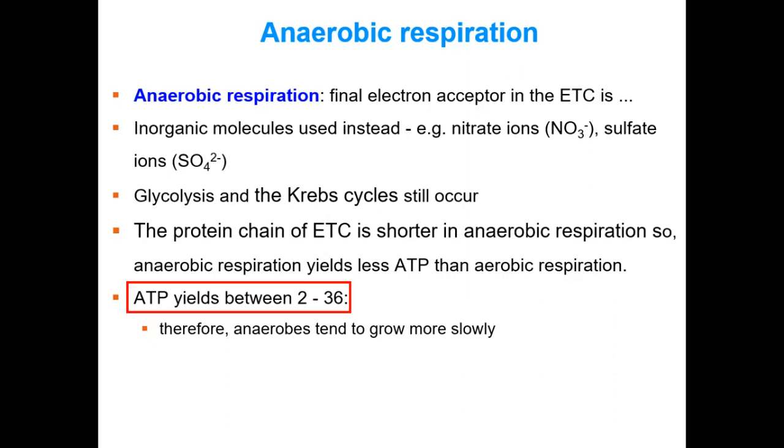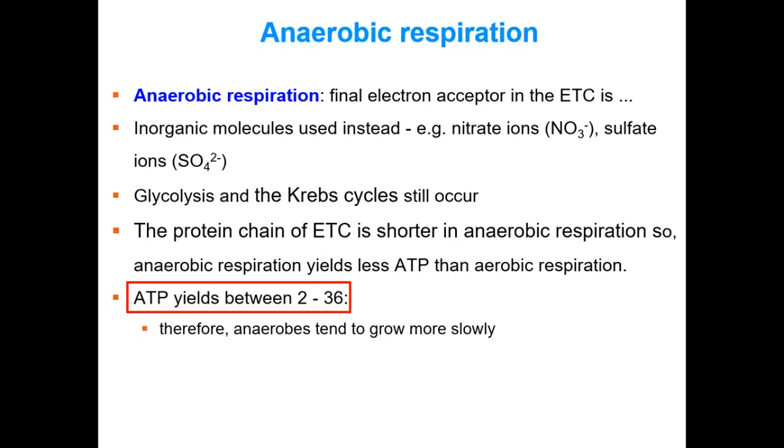Remember, prokaryotes in aerobic respiration generate 38 ATP. So the best anaerobic respiration will be 36 ATP. And I'm not sure of what the worst is. If we're talking about fermentation, and some people do call that anaerobic respiration, I'm not, because there is not an electron transport chain in fermentation.